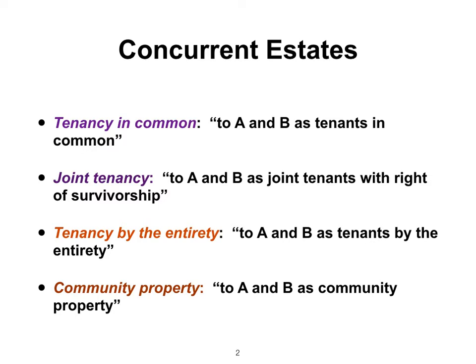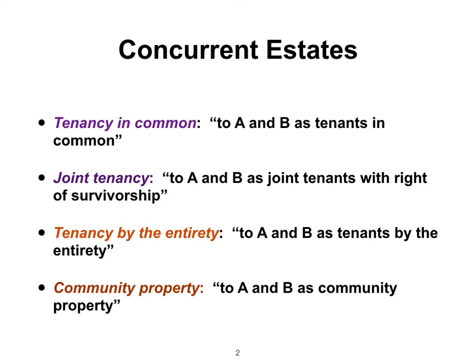So modern law considers tenancy in common to be the default if it is unclear from the conveyance what the intent of the transferor was. Now, in common law, it was actually joint tenancy that was the default. You know you have a joint tenancy because it's to A and B as joint tenants with the right of survivorship.